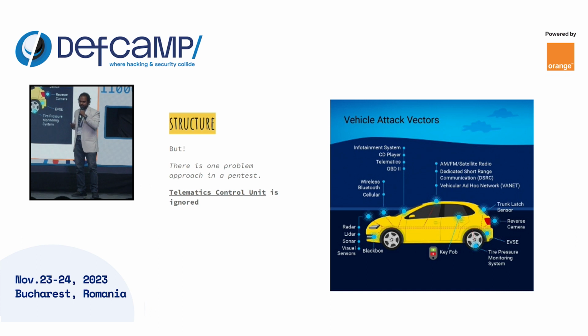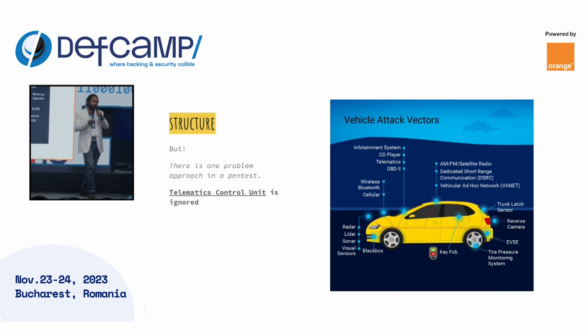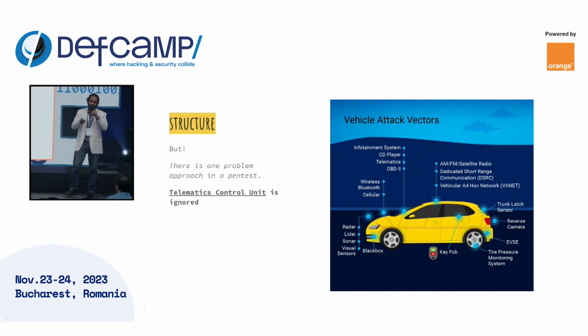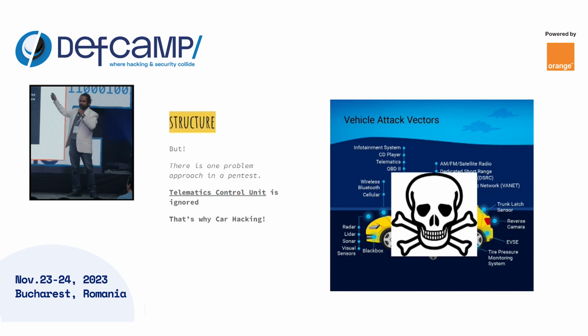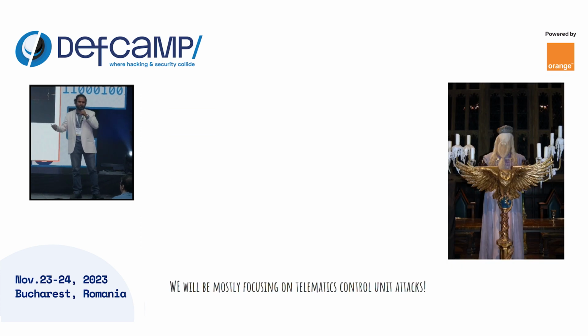But we generally tend to ignore the telematics control unit because we feel that if we are not touching it, if we don't have physical access to it, then what is the point of working hard to make it secure? That's what leads to car hacking. So we will mostly focus on telematics control unit attacks in this talk.